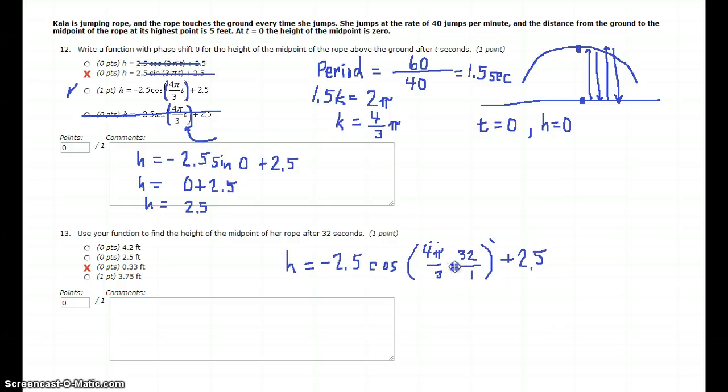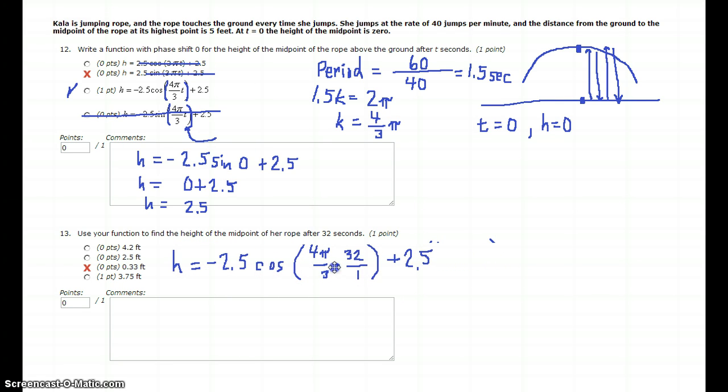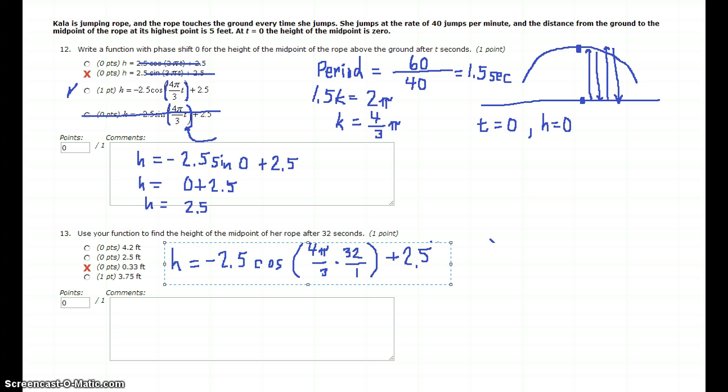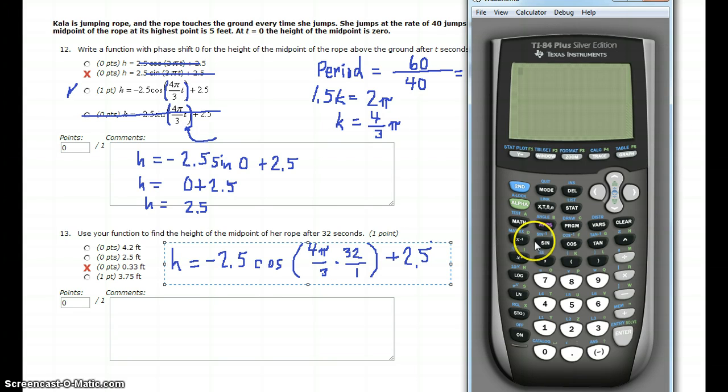Okay, so I'm going to slide this calculation over a little bit because I want to bring in my calculator for you to look at. Since we're using pi in the argument of the cosine, we have to make sure that we have radians set up on our calculator. If you hit the mode button and go down a couple of places, it's already set on radians, so we can clear that out.